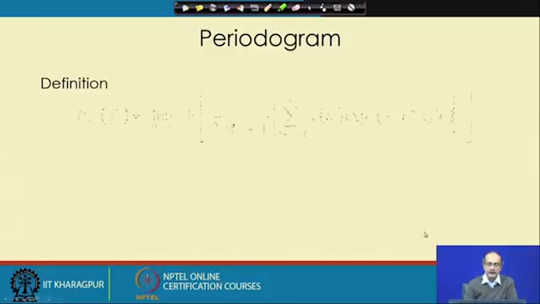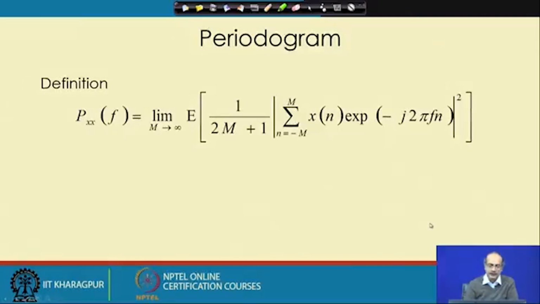So, here the definition of periodogram is given, that we take here the Fourier transform, you can say, of a sequence starting from minus m going up to plus m, that means 2m plus 1 points, and for that we take the mod square of the sum of these components, and it is averaged, divided by the number of samples, and after that we need to take the expectation, because that x n is a random variable.